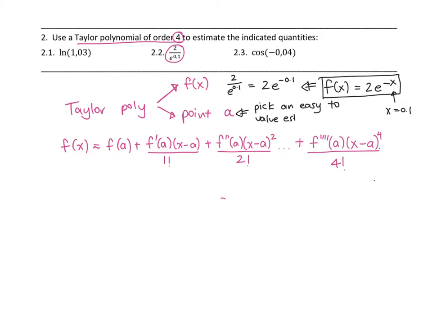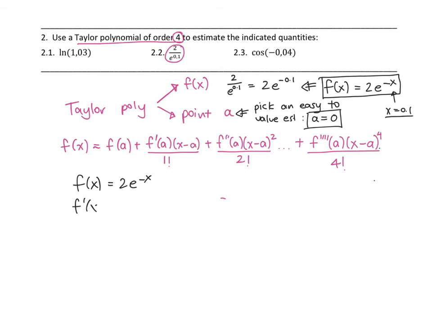So if we have a look, we want to evaluate when x is 0.1, so let's pick a equal to 0, because that's going to be a very easy value to work with. So now we know the function that we're going to work with, and we know what our a is, so we can go straight ahead and find the Taylor polynomial. So we have f of x is 2e to the minus x.